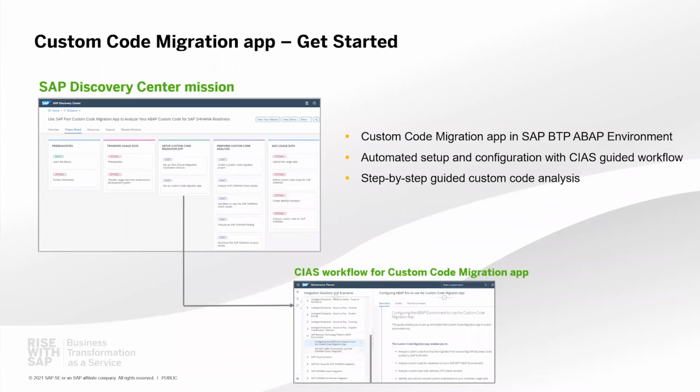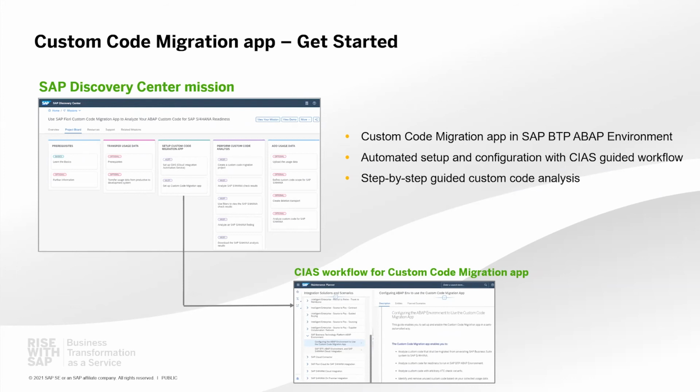And in order to get started with the custom code migration app, we recommend to use the SAP Discovery Center mission. We have a dedicated mission there for the custom code analysis using the custom code migration app, which is running in SAP BTP ABAP environment. And you can set up and configure the app and on-premise connectivity to your ERP system using the dedicated Cloud Integration Automation Service guided workflow, which is provided there.